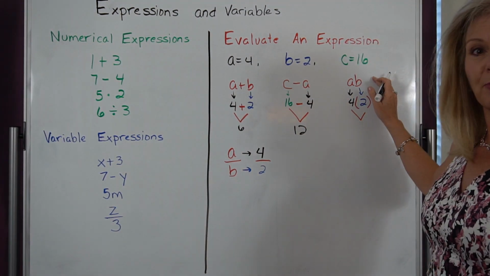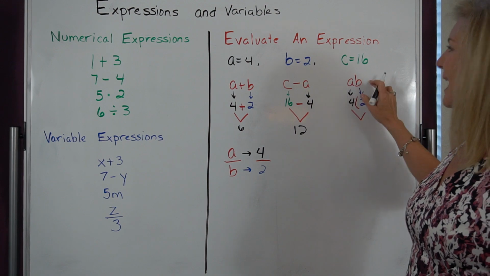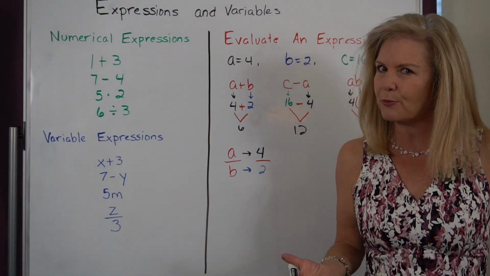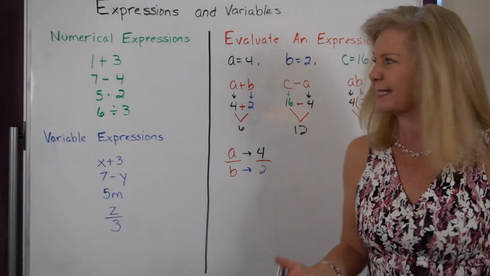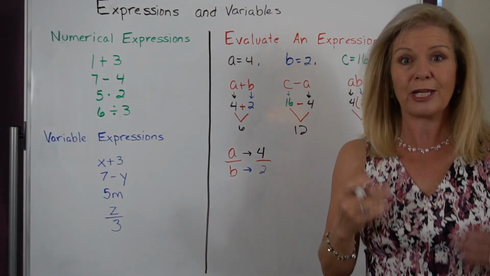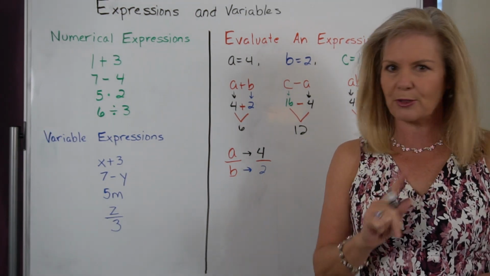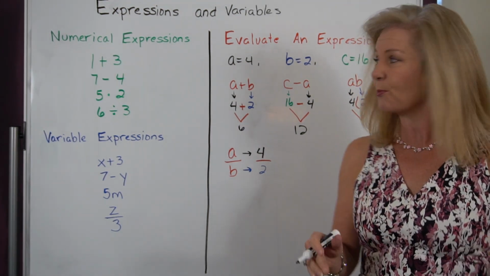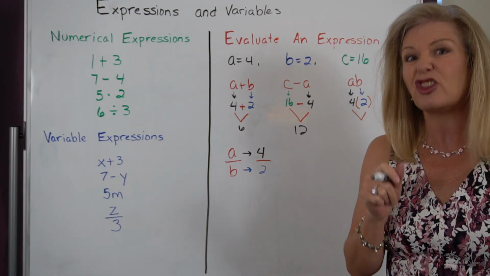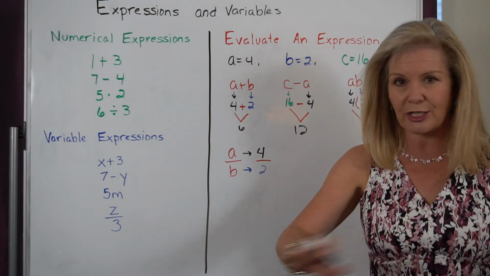We can also do it with multiplication. So if we have AB, notice there's no multiplication sign there because in algebra we don't use multiplication signs. For every other operation, addition, subtraction, division, we use an operation sign, but multiplication we don't. And it's often because in multiplication, that multiplication sign looks like the variable X. So we just don't do that.